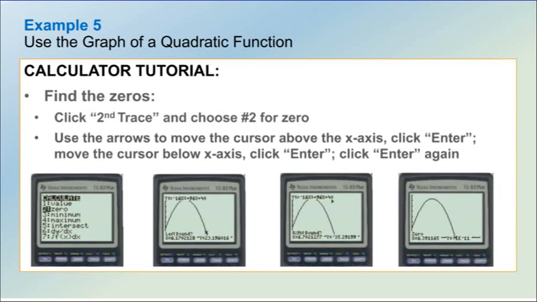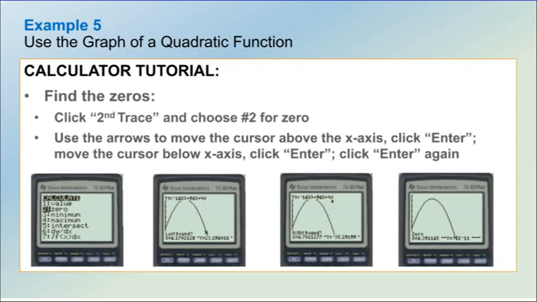To find the zeros, where does it hit the x-axis? You're going to hit second, trace, choose option 2 for the zeros, and you're going to use the arrows to move the cursor, and you always go from left to right.